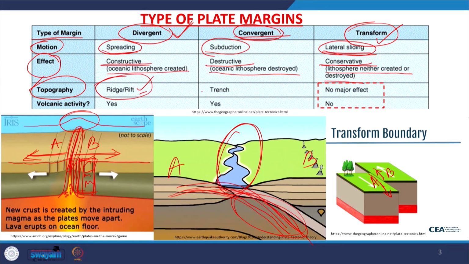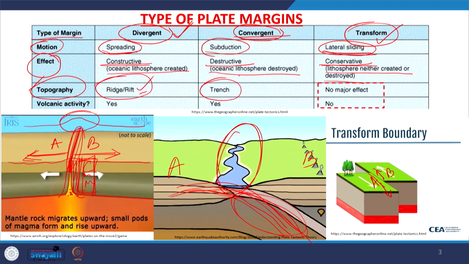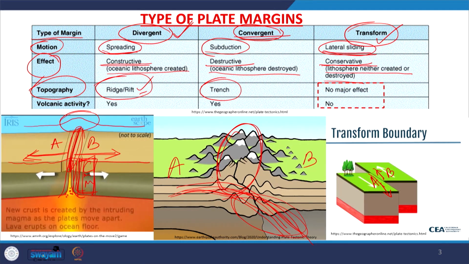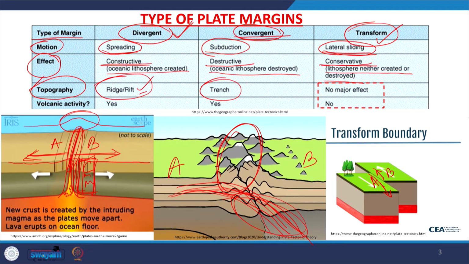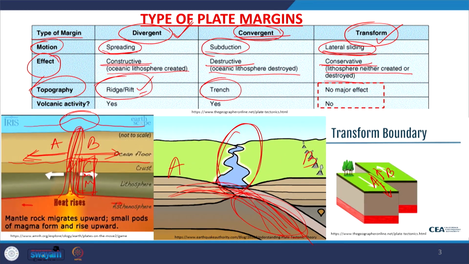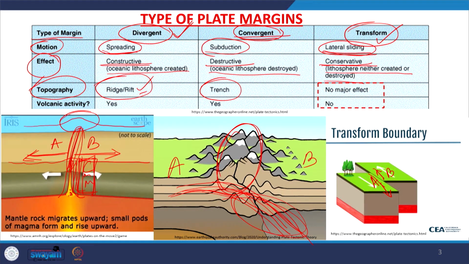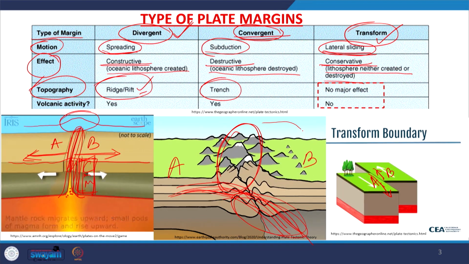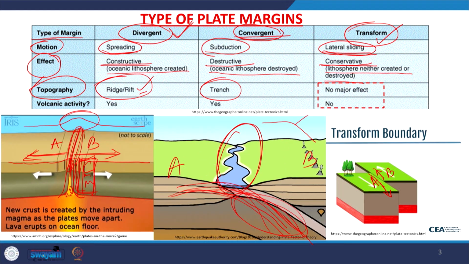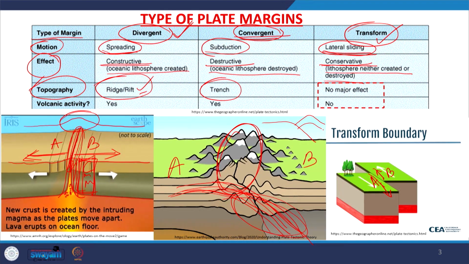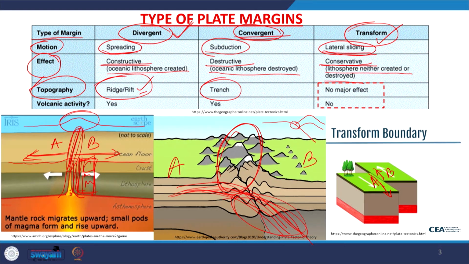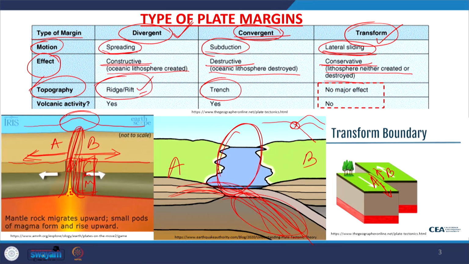Then at the convergent margin, we are generating trenches. That means it is a deep-seated elongated area where the plates are consumed. Here one plate, suppose, is subducting down, and this is the subducted plate below the overriding plate. So, here this is the trench. This is the deepest area.